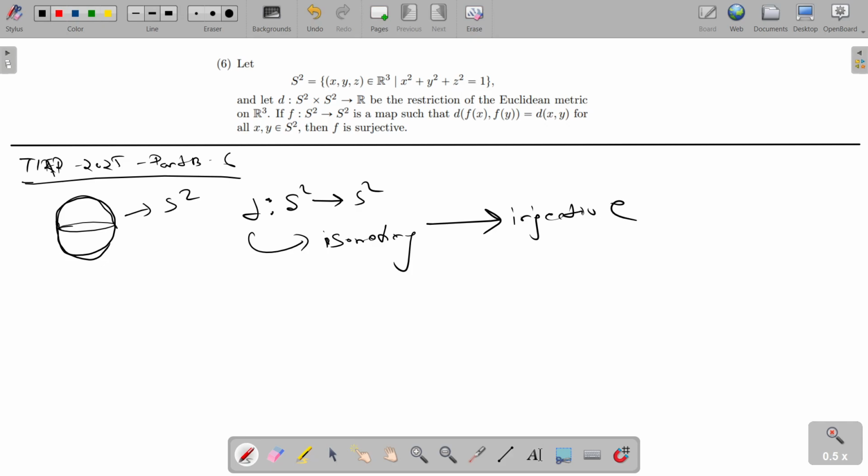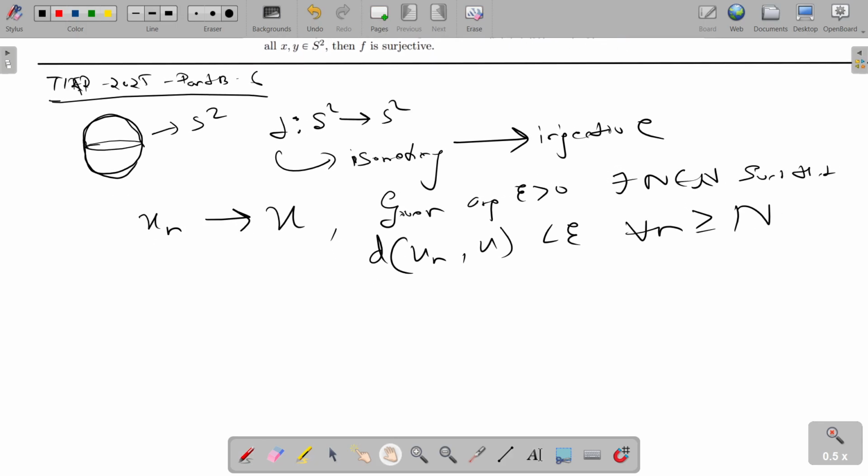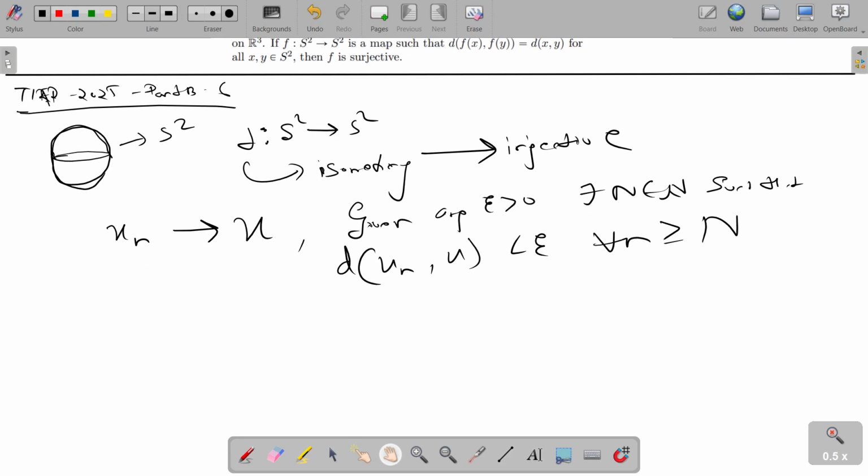Now, let's say we have a sequence x_n belonging to the sphere S square, which converges to a point x. So given any epsilon greater than 0, there exists a capital N in the natural numbers such that d(x_n, x) is less than epsilon for all n greater than or equal to N. Since it's an isometry, the distance between x_n and x is the same as the distance between their images.